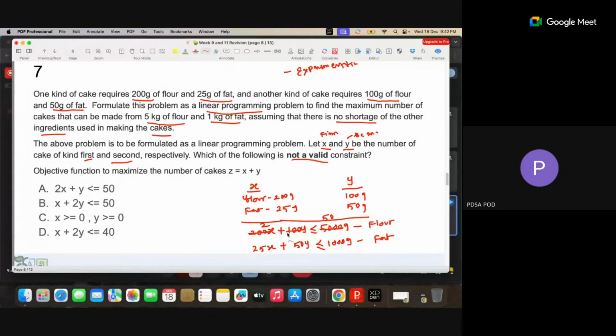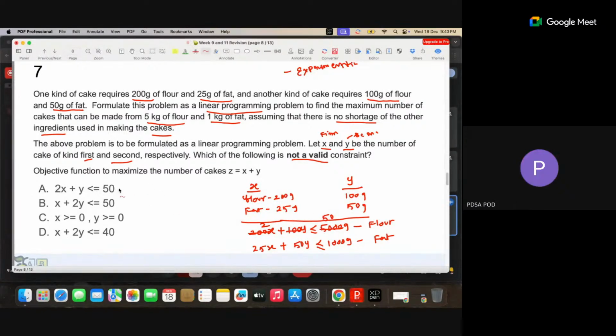So 2x plus y is less than or equal to 50. This flour constraint is okay, right? Using 50 units of flour, we can make 2 times x cakes plus 1y, which is less than or equal to 50. Is it right? Yes.